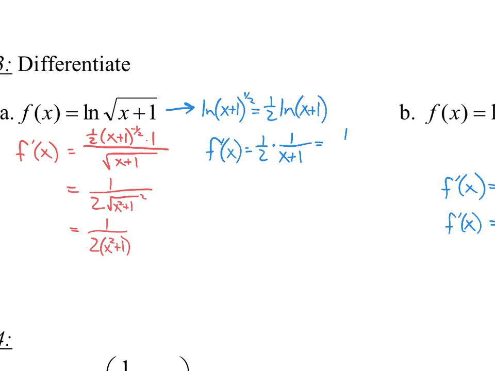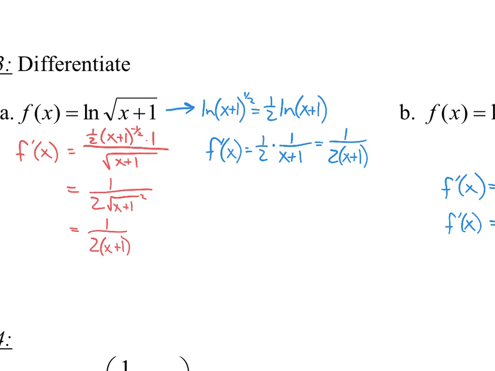Well, you'll notice that's 1 over 2 times x plus 1. All right? And I just noticed I got a square in here somehow. It should just be x plus 1. But notice here, once I get that, that's the same thing that I ended up with here.